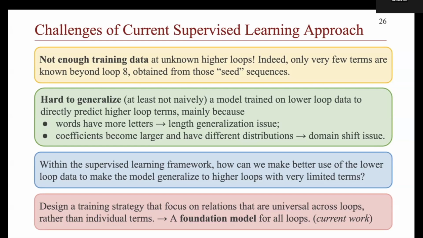For this, one possible solution is to maybe design a foundation model for all loops, and this is ongoing work. I also want to say that you don't really need to stick within the supervised learning approach. You can try some generative model approaches, and indeed we are trying reinforcement learning approaches, but it's at a very initial stage.